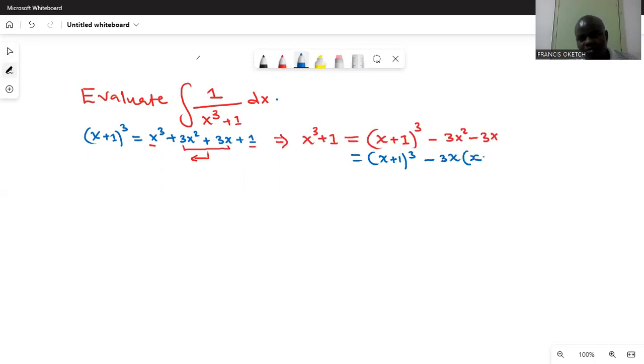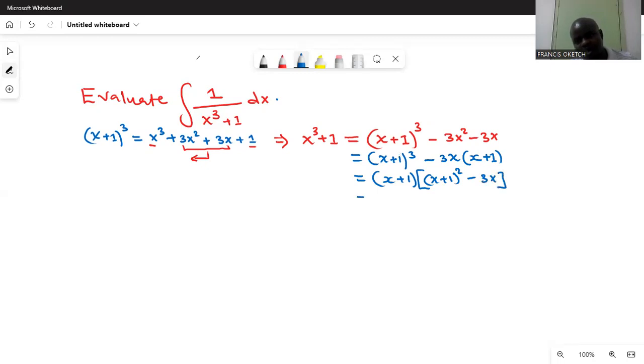Here we'll have x plus 1. You can also see x plus 1 is common. So you factor out x plus 1 to get x plus 1. Then inside we'll have x plus 1 squared minus 3x.